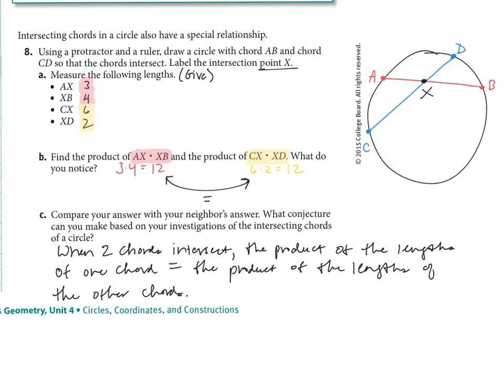Cool. So we were able to find out that AX times XB was equal to CX times XD. That was our investigation that we saw.